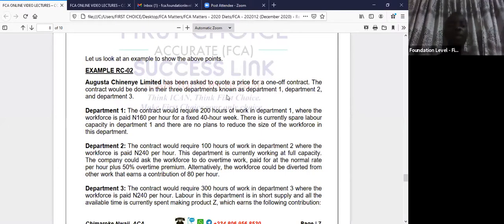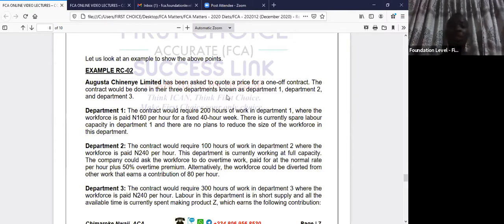Augusta Chinenye Limited has been asked to quote a price for a one-off contract. Once again, we are saying one-off contracts. The contract will be done in their 3 departments, known as Department 1, Department 2, and Department 3.